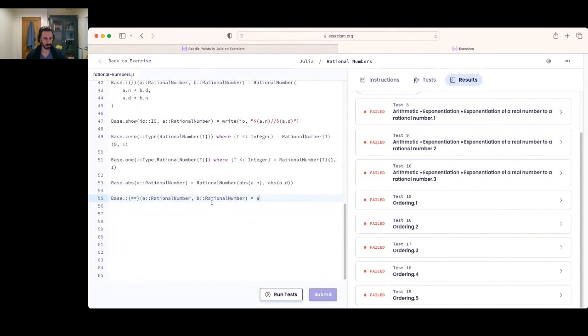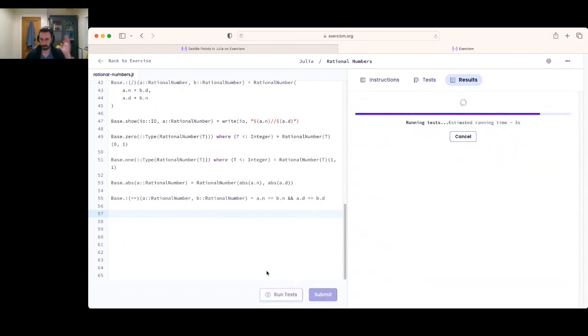Just a.n equals b.n, and a.d equals b.d. So are the numerators the same, and are the denominators the same? Should work. If this crashes, very upset, because this is going to be one of my last ones I'm going to try and get through.